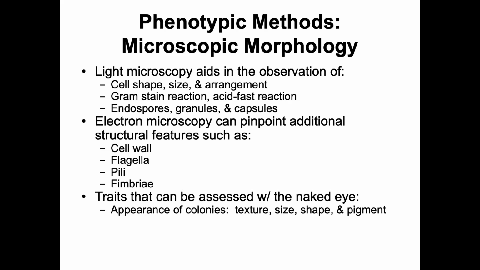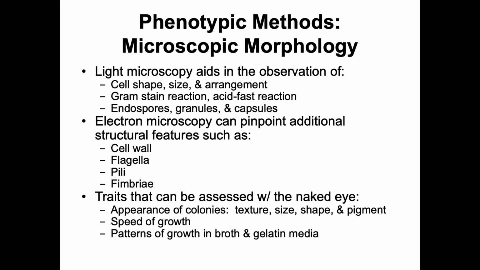Traits that you can see with the naked eye are the colony characteristics, right? When they grow on media, what color are they? What media do they grow on? What is their texture? Are they fuzzy? Are they shiny? Are they dull looking? Okay. How are they arranged? How big are they? Okay. And that is reflected in how quickly they grow as well.